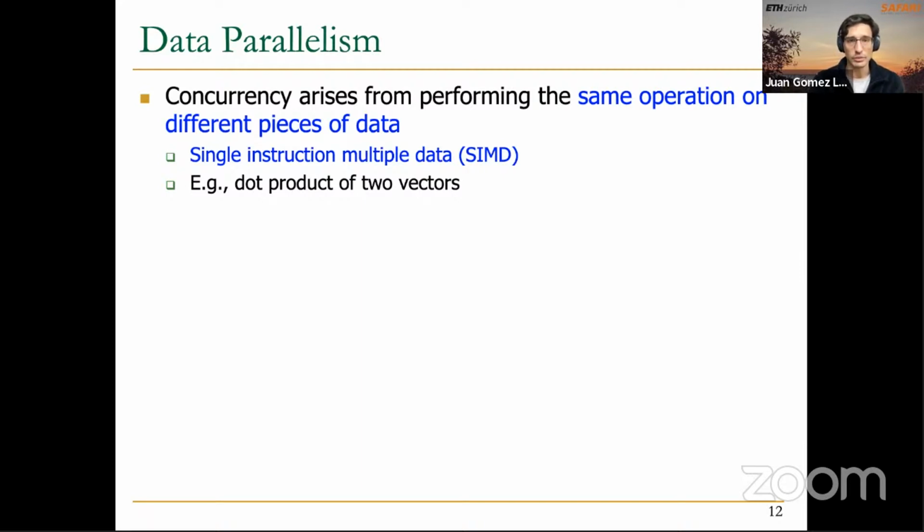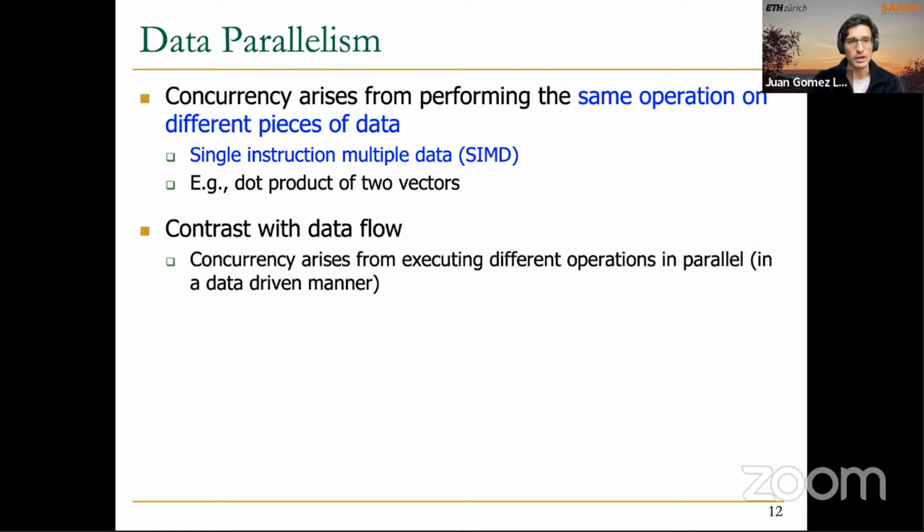That's a pattern that we can find in many real-world workloads, for example, the dot product of two vectors, where each vector is composed of multiple elements, maybe hundreds or thousands, and different execution units are going to operate on specific elements of those vectors in order to exploit the data parallelism.